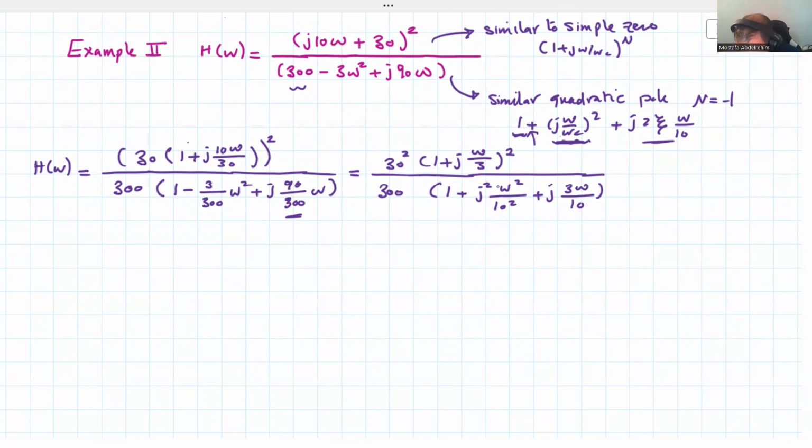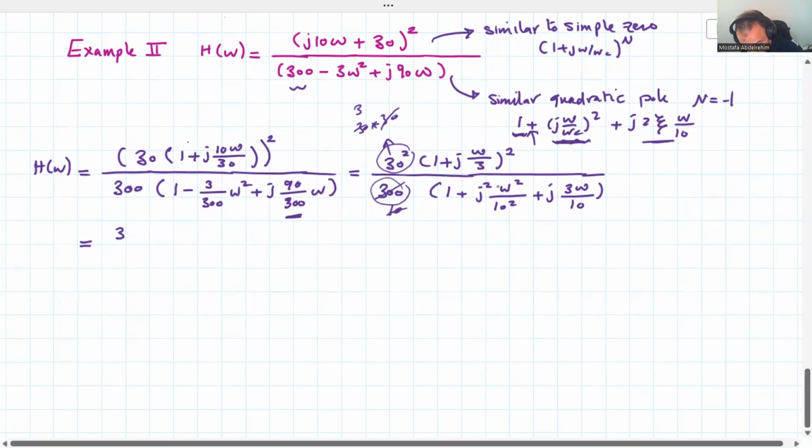Okay, good. Let's continue. 30 squared is 30 multiplied by 30. 30 over 300 is basically 1 over 10, and 10 times 30 is basically 300, so that will be 3. Let's do it in 3 terms.